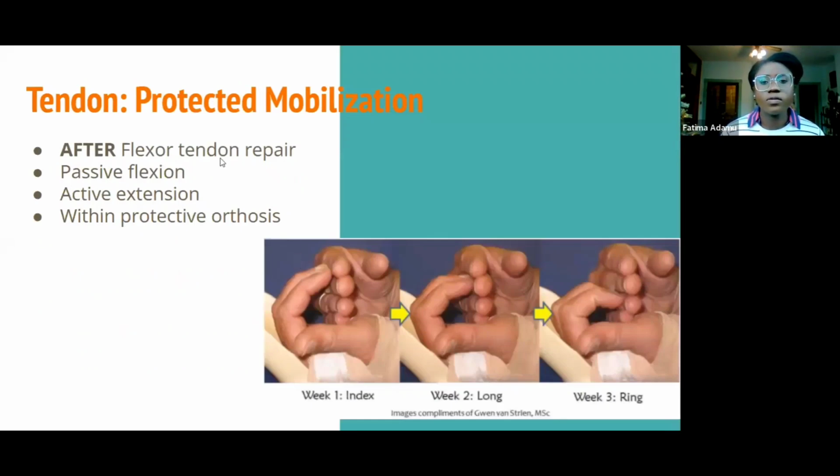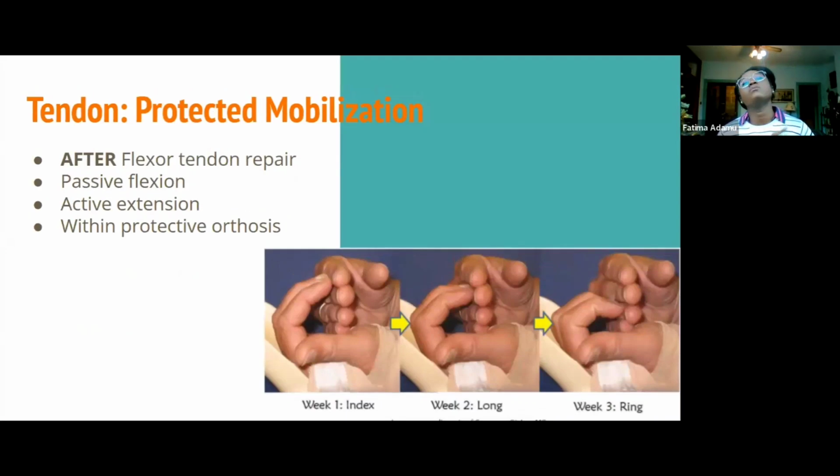Okay, so tendon mobilization, right? Protected mobilization. This patient is within the splint that I showed in the previous picture, but they are using a protocol where in week 1, they would be using their other hand to provide a stopping point for them.